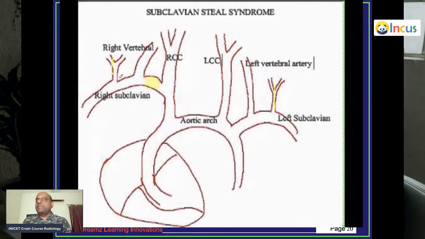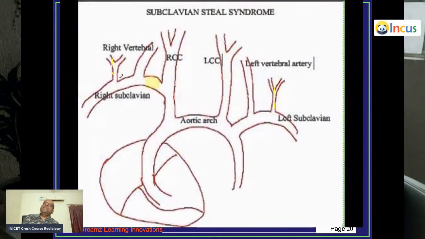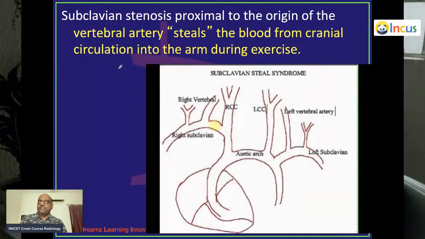So typically subclavian steal syndrome occurs because of the stenosis of the subclavian proximal to the origin of the vertebral artery is what you need to remember.